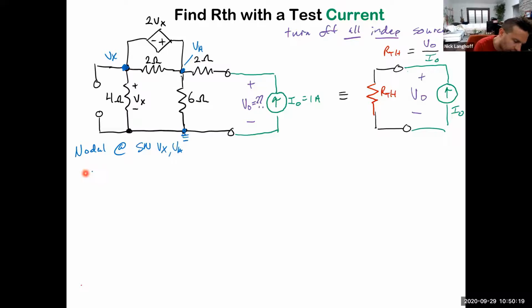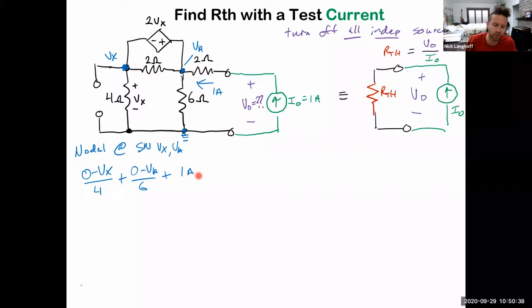On the VX side, we've got 0 minus VX over 4. On the VA side, again, we have 0 minus VA over 6. Plus, in this case, we've got 1 amp of current flowing through there. We've injected 1 amp of current flowing through the 2 ohm resistor, so we can just add that in as a current in our nodal analysis equation.